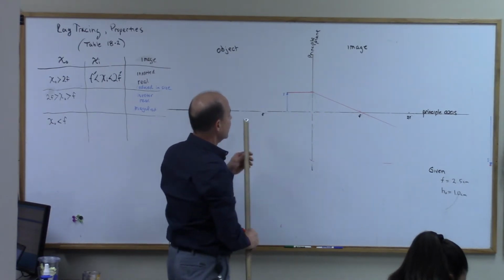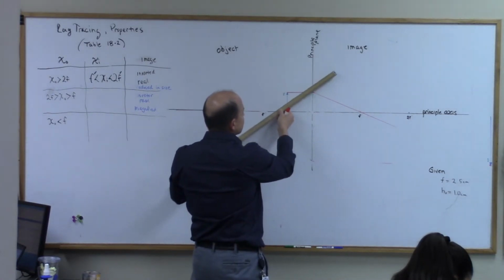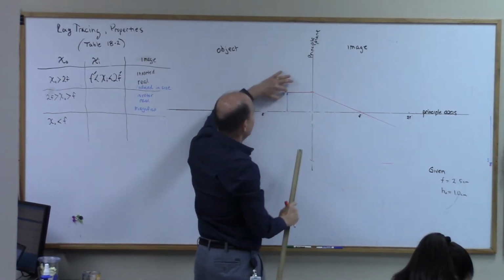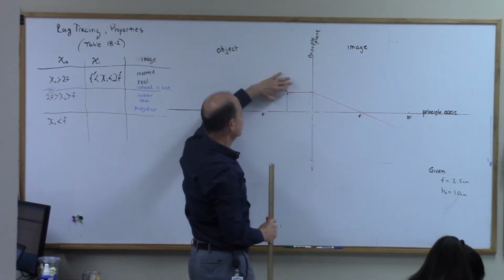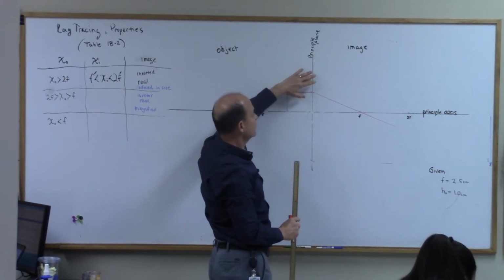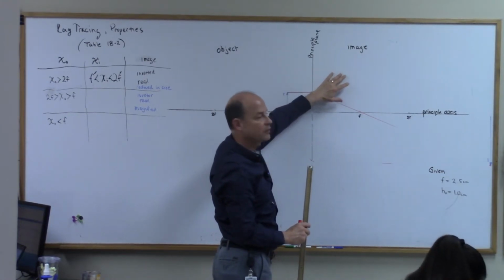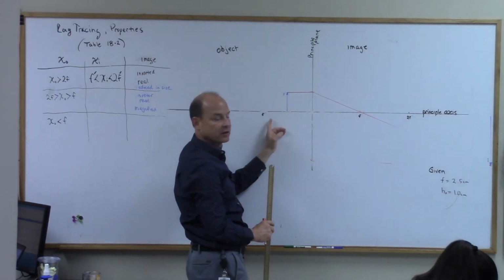Now the next ray is a bit trickier. We said that a ray coming from the tip of the focal length going through the focal length would be bent parallel to the principal axis, but now we're on the other side of the focal length.